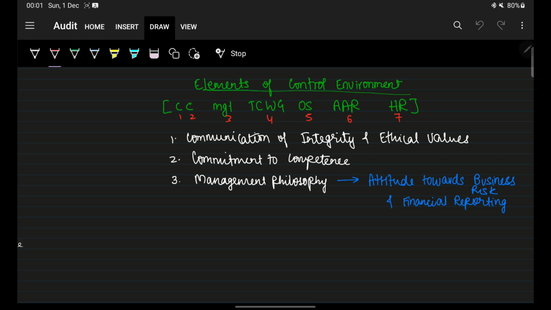Okay, and then commitment to competence. In this it was with regard to requiring particular skills, right?